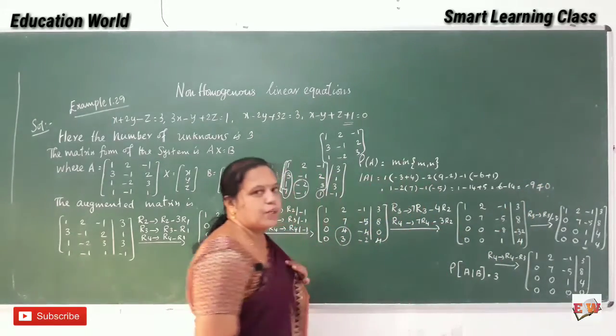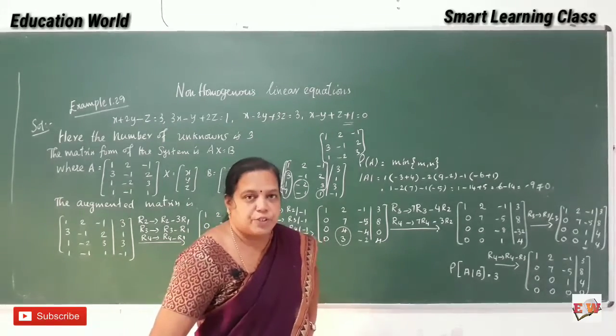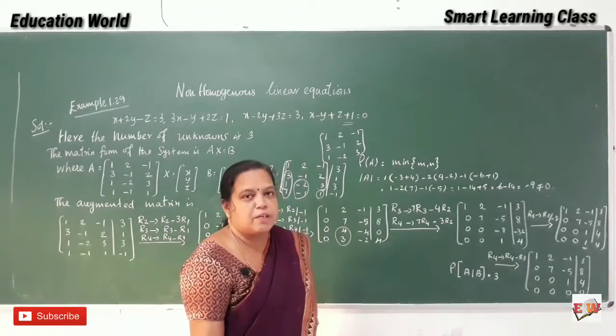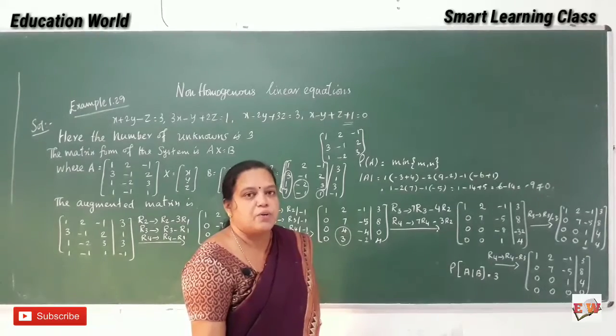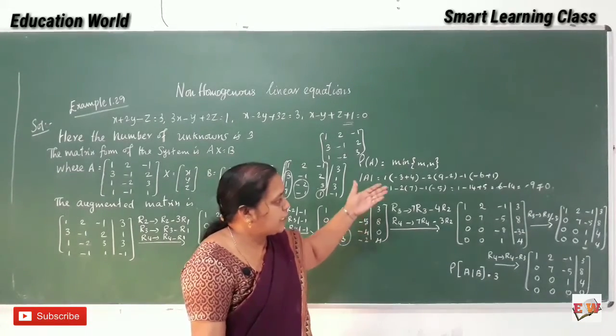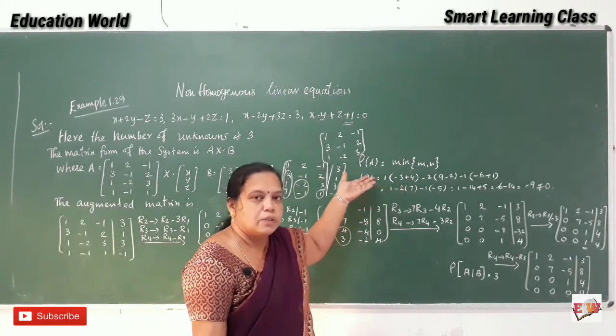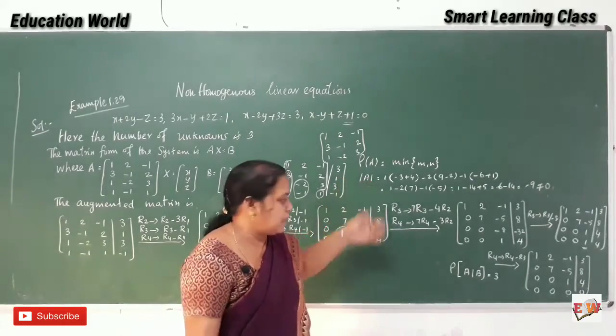If you get 0, that is vanishing. If the determinant value is vanishing, we have to take the second order minor. But here we are getting a non-zero entry. So the rank of the given matrix A is 3.